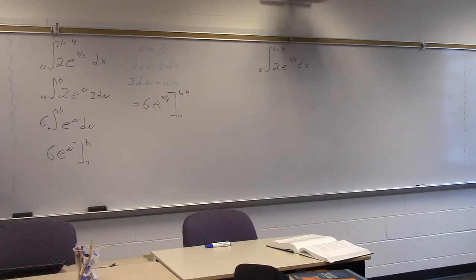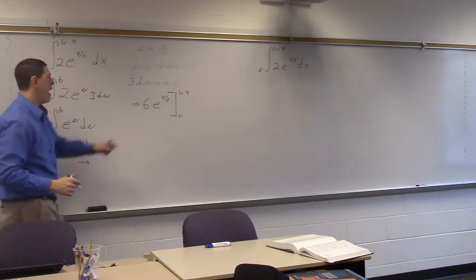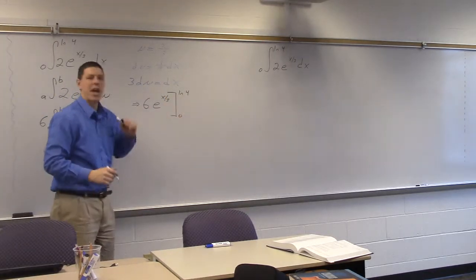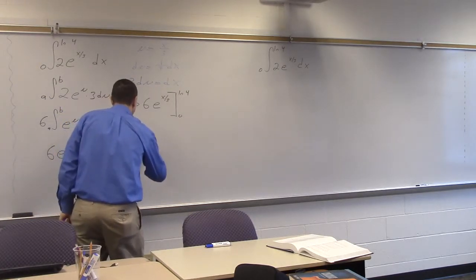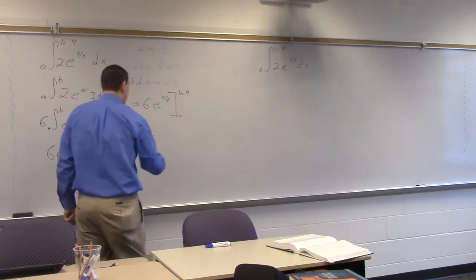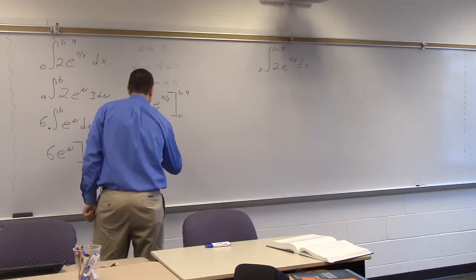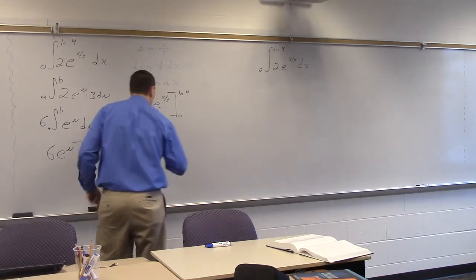So if I substitute now using our fundamental theorem of calculus, remember it's f at b minus f at a. Okay, so this is going to become 6e to the, let's just say 1/3 natural log of 4.